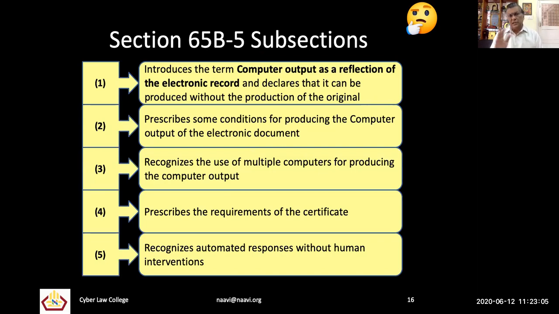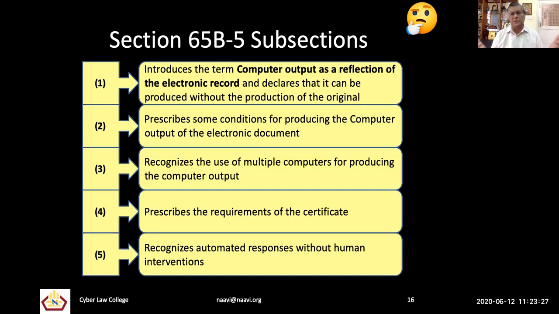Now, Section 65B has 5 subsections, in which the very first subsection introduces a term called computer output as a reflection of the electronic record, and it declares that it can be produced without the production of the original, and it will be admissible as also a document.